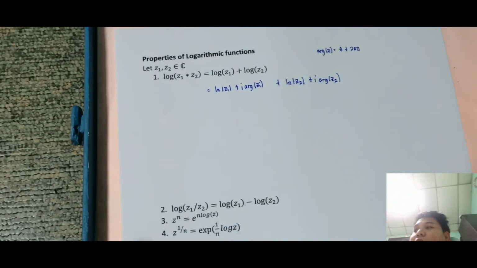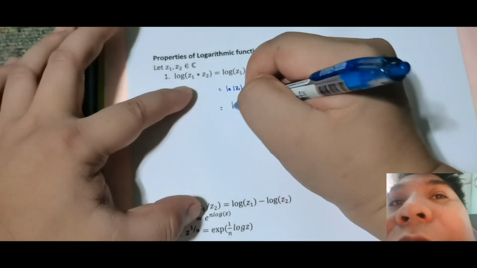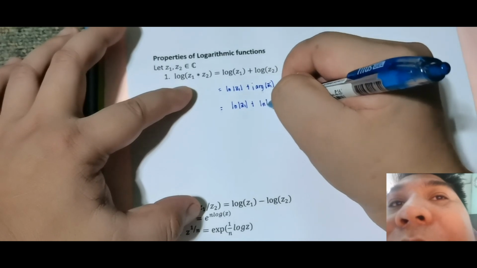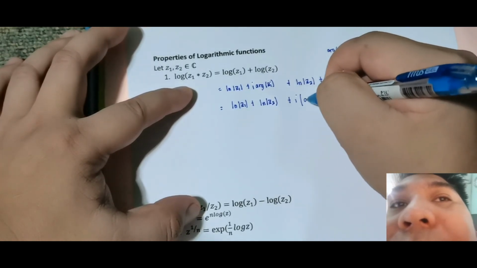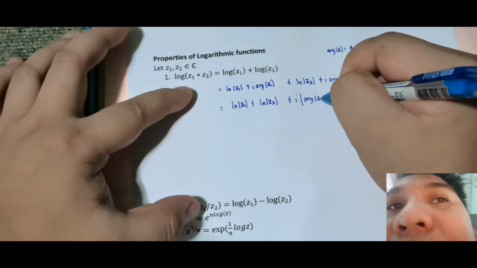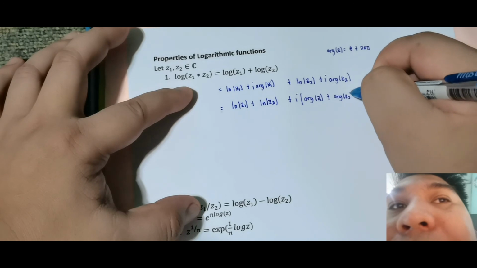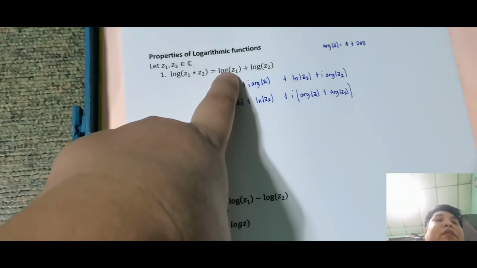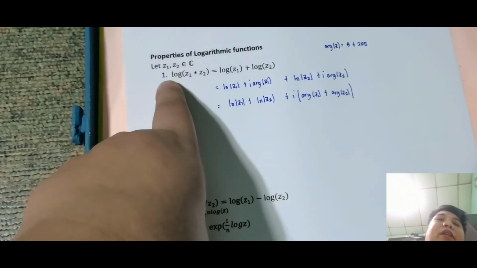Okay, next, arrange lang natin konti. This is equivalent sa ln of z1 plus ln of z2 plus i, this is argument of z1 plus argument of z2. Okay, next, by property, yung ln is similar sa logarithm. So, ang ln na yan is similar din sa product.